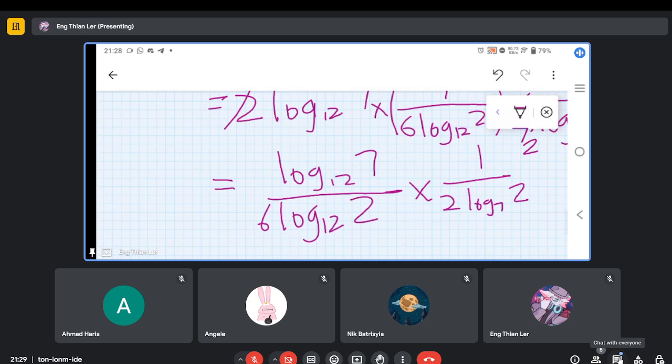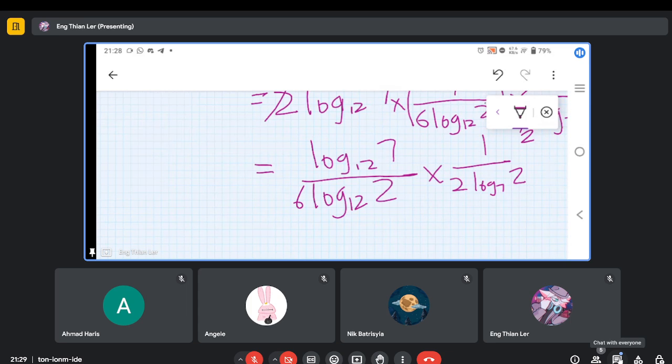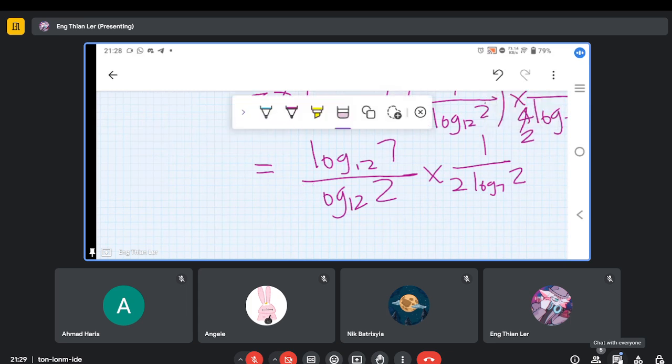Does this look similar to you? Because it actually looks like log CA over log CB, right? But this 1/6, we can just do like this lah. Multiply by this.